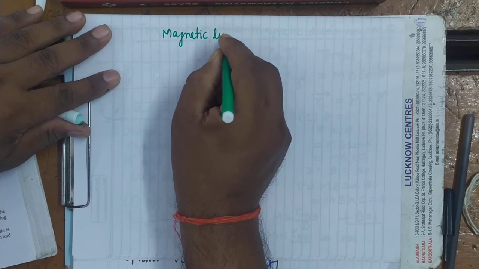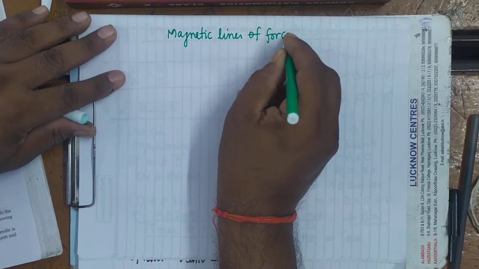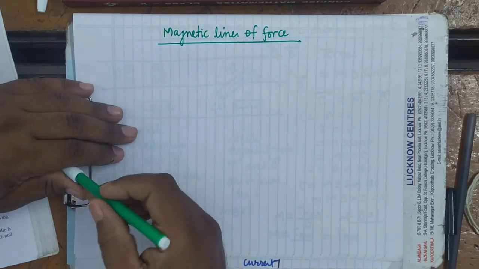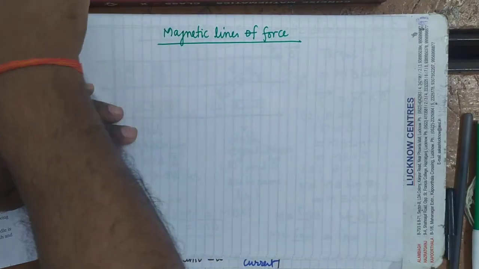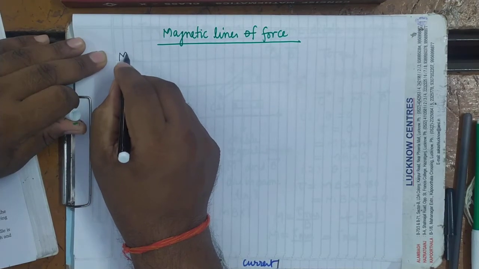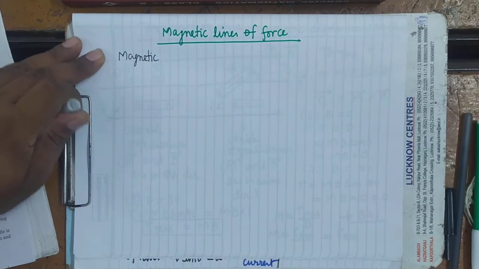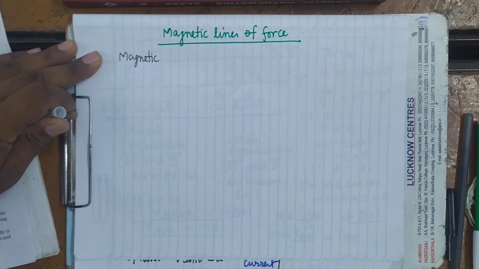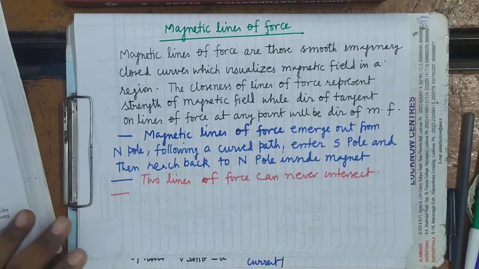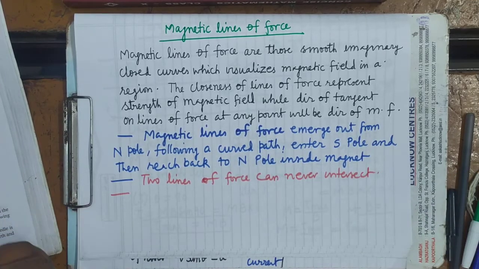Magnetic lines of force. What do you mean by magnetic lines of force? So magnetic lines of force are those smooth imaginary closed curves.